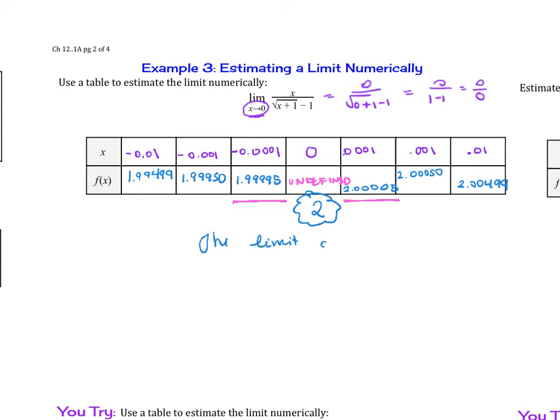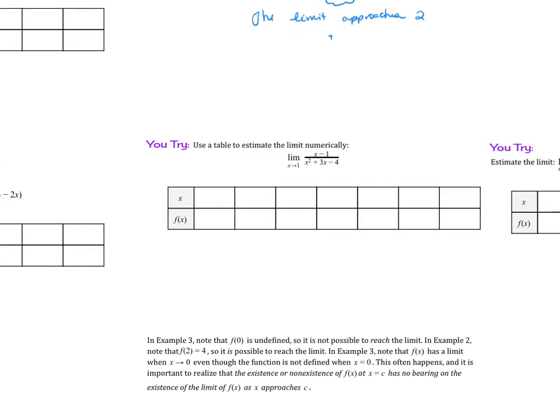Later on, I'll show you how to plug this into Desmos and make it a table, which is a lot nicer because you can just edit the x values with your equation, and you can look at these numbers quickly. You also get to see the graph, and if you put your cursor right over that 2, you would notice it's undefined right at that point. Pretty cool.